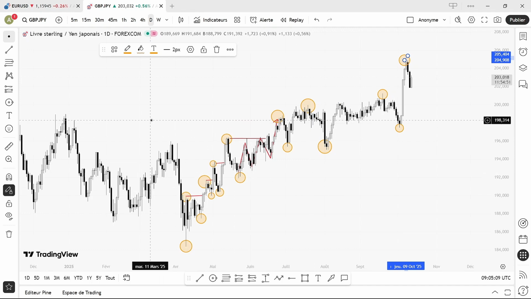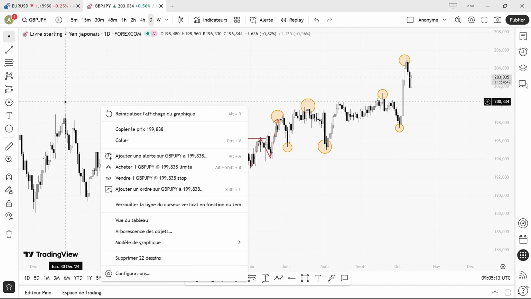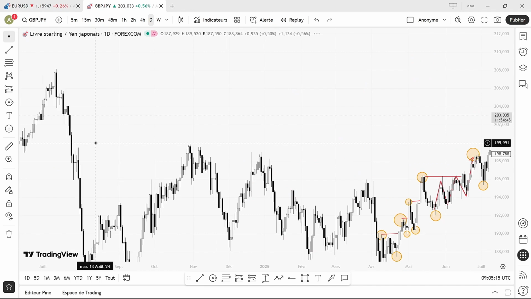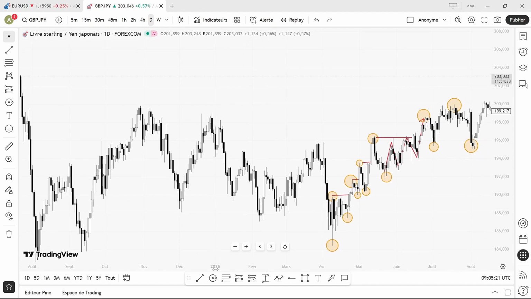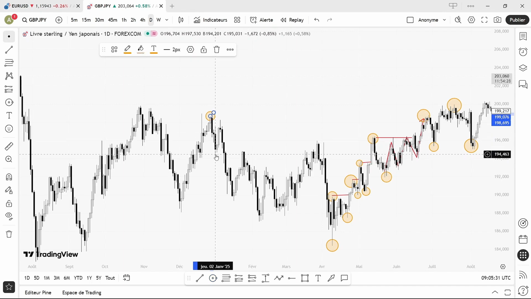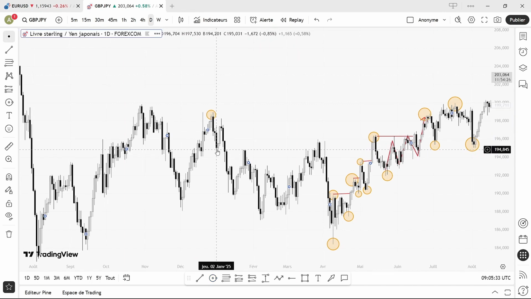So another example on a downtrending market. Let's see if we can find something quick. I want to keep this video short and detailed. This is a shift right here. So we get this lower low.